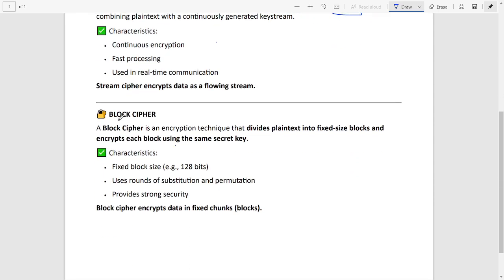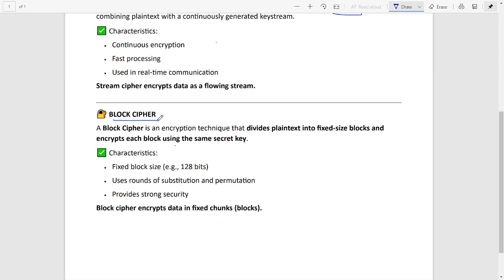And what happens in block cipher? In block cipher it does not encrypt one bit at a time, rather it encrypts in blocks. We'll study two algorithms: first one is DES and next one is AES.